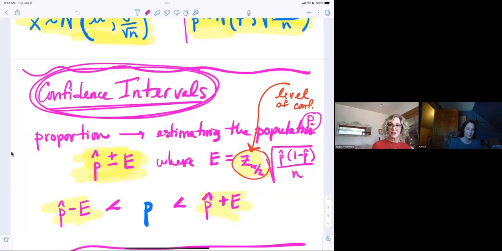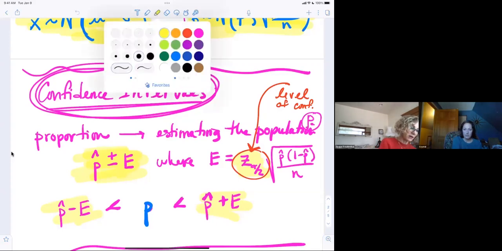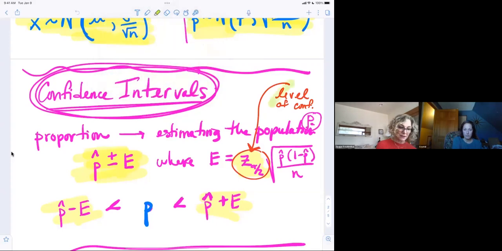We know it's connected to a critical value. And for proportion, it's always Z. For mean, it's going to be T, but for proportion, it's Z. And your critical value Z is based off of your level of confidence. I'm going to talk all about this specifically with each problem, but your level of confidence dictates your alpha level.